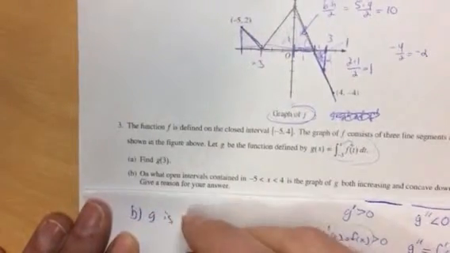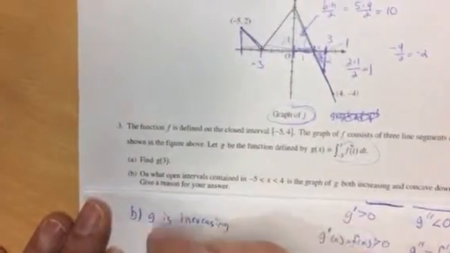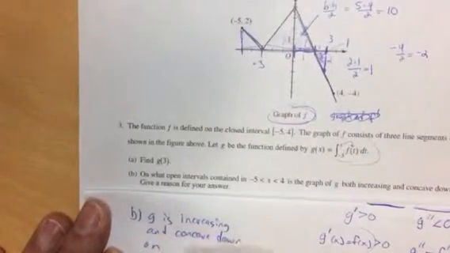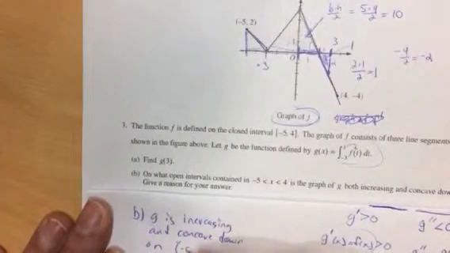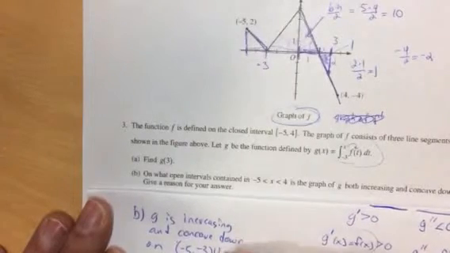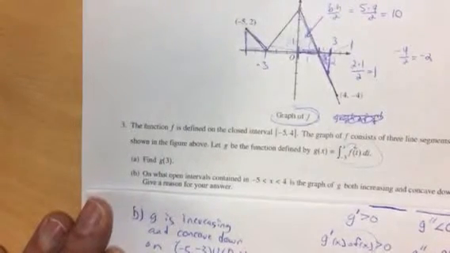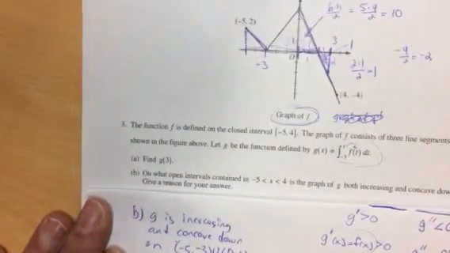G is increasing and concave down on the interval from -5 to -3 union 0, 2 because f, which is G prime, is positive and decreasing on this interval.